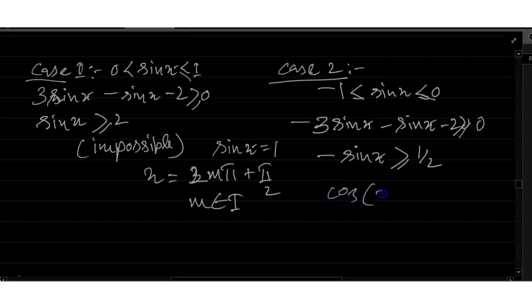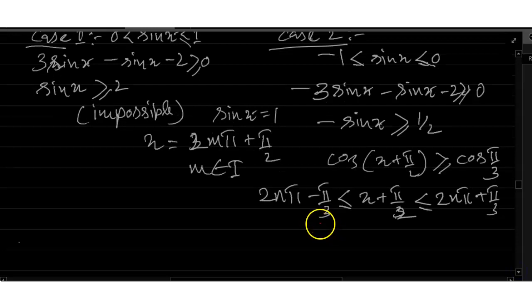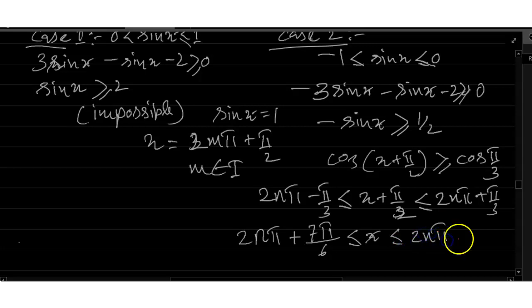So it can be written cos of x plus pi by 2 less than or equal to cos pi by 3, and 2n pi plus pi by 3 less than or equal to x plus pi by 2 less than or equal to 2n pi, can be written 2n pi plus 7 pi by 6 less than or equal to x less than or equal to 2n pi plus 11 pi by 6.